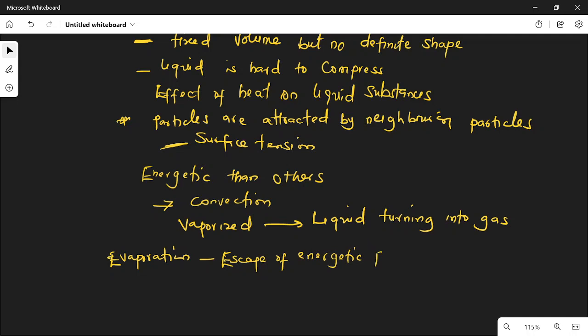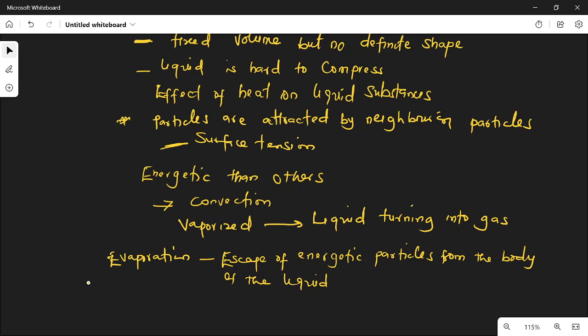How did they acquire energy? Because of the heat energy that is being applied. So the escape of energetic particles from the body of the liquid, very, very important. From the body of the liquid, we say that they have vaporized, or they have evaporated.